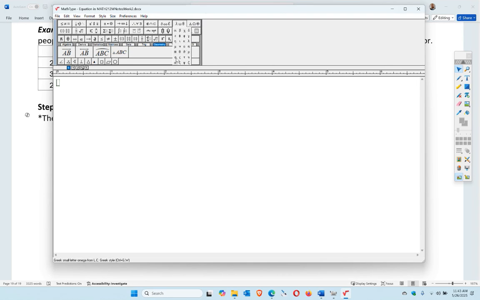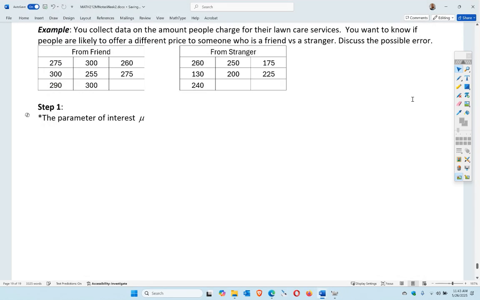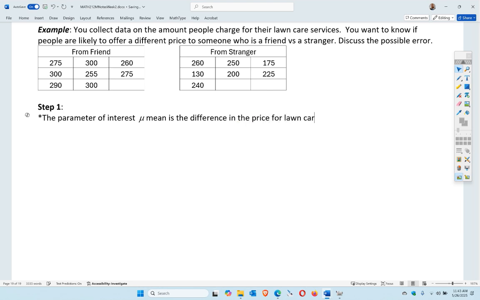Mean is the difference in the price for lawn care services offered to a friend versus a stranger. Never completely happy in the wording on these, but it gets the point across.